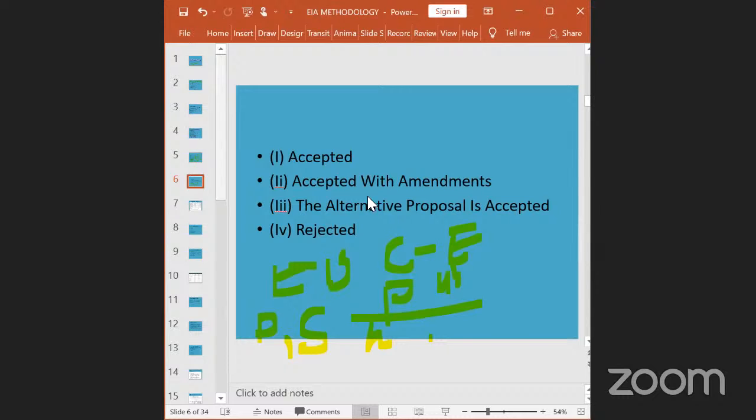And finally, there are 4 outcomes of the project: it is accepted, it is accepted with amendments, some alternative proposal is accepted, or the project is rejected. So these are the 4 outcomes of the project. Depending upon all these things, finally we will come to the decision, right?